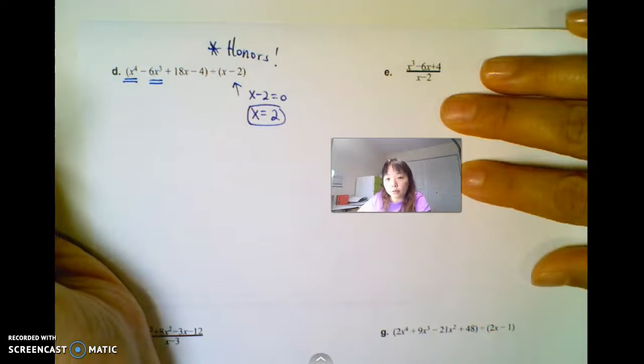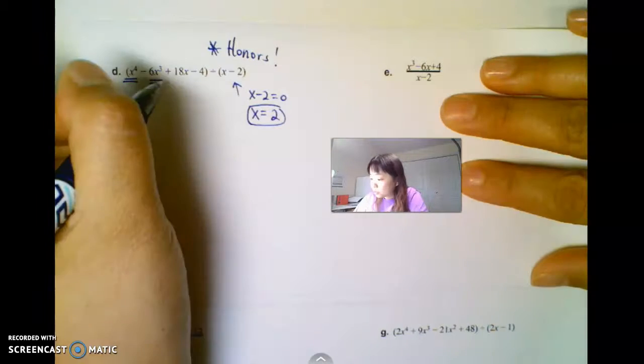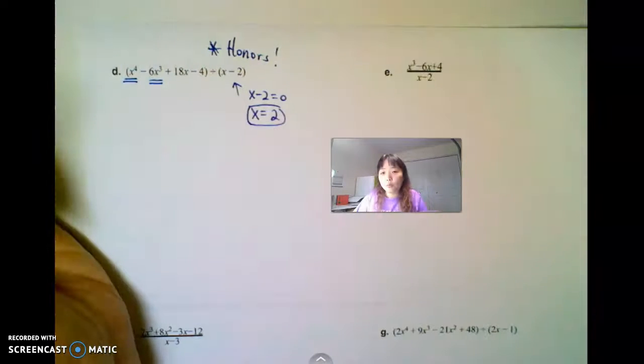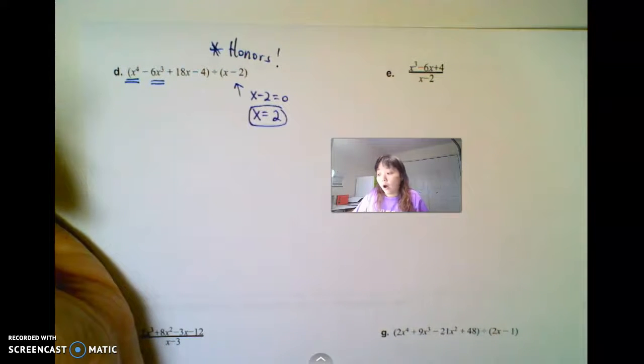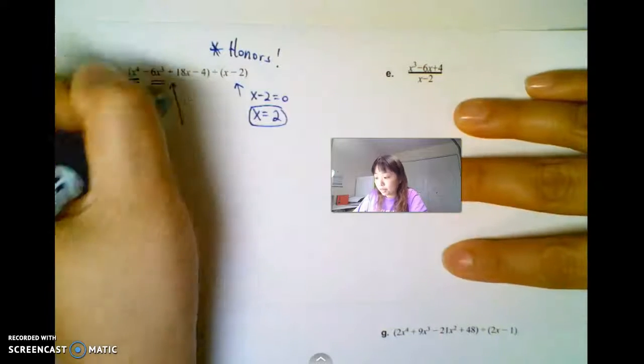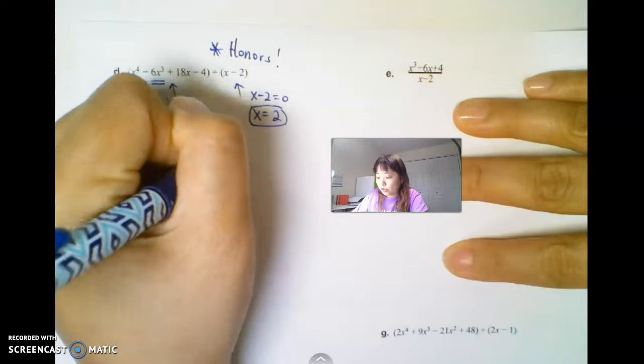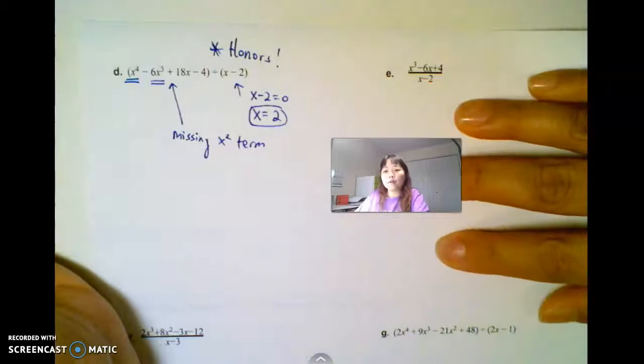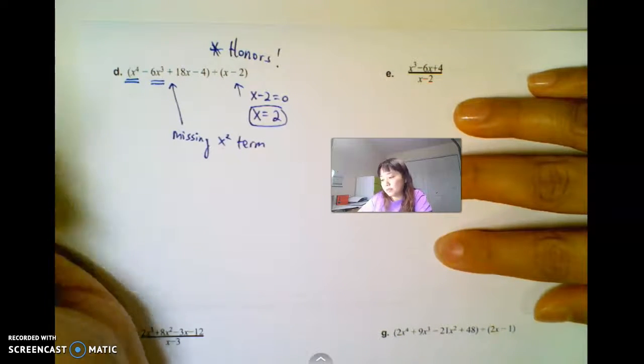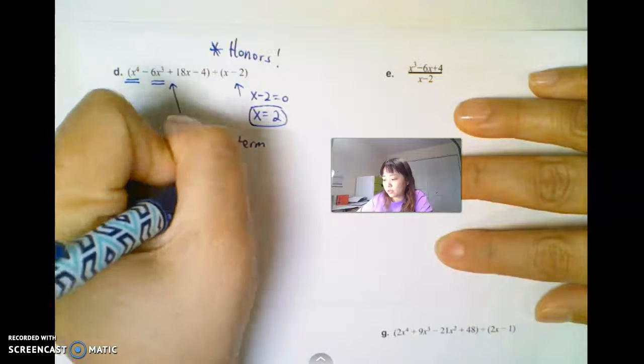X squared, right? But take a look. Do we have a square term? Where did it go? This is a classic example of a missing x squared term. Whenever you notice something missing, you have to include it. So if it's missing, that means it is a 0x squared.